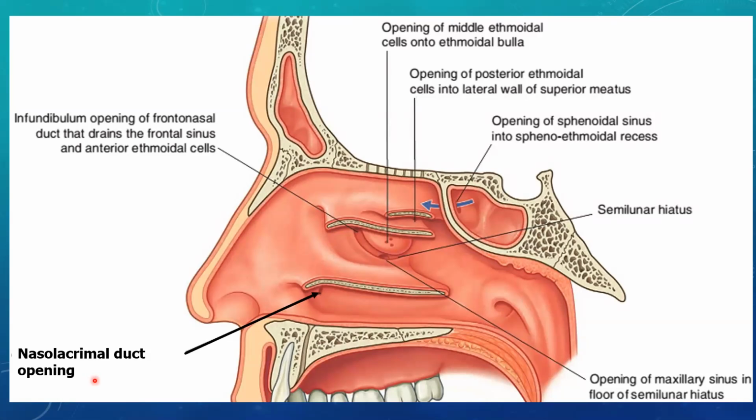What is the lacrimal gland? It is located in the roof of the lateral part of your orbit. It helps in the formation of tears, which protect the eye. These tears drain through a duct known as the nasolacrimal duct into the inferior meatus.